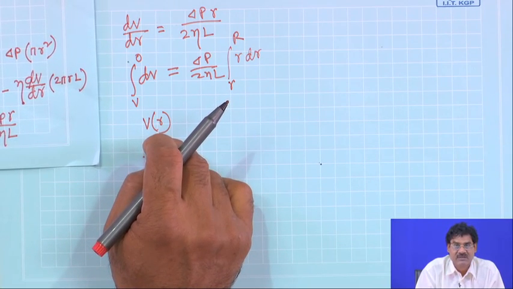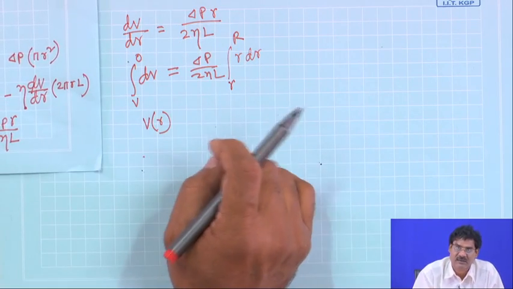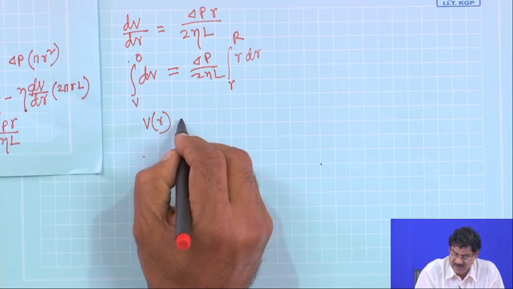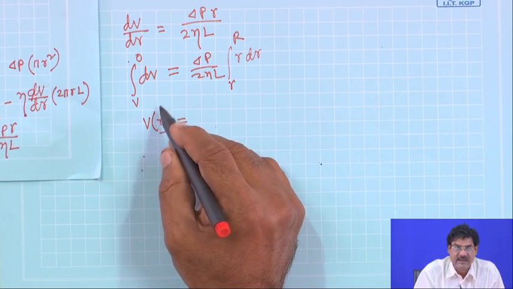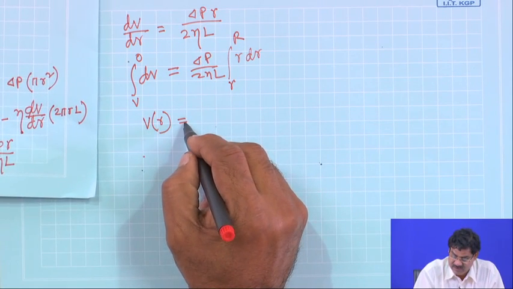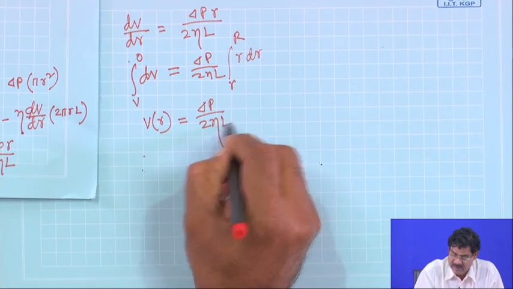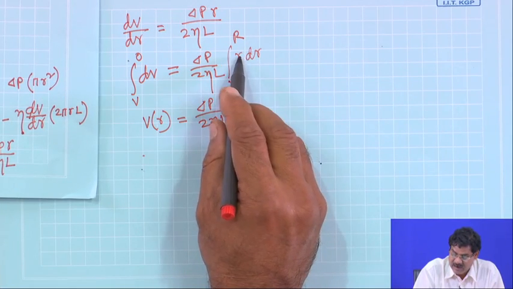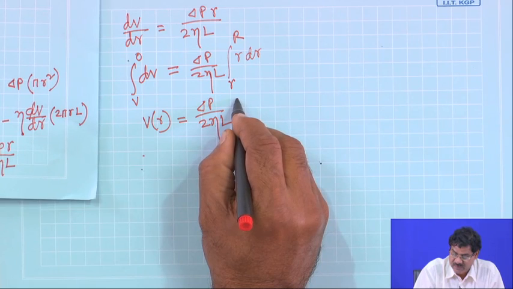The velocities are not the same. From the center, if you move towards the surface, r will increase and velocity will decrease. So here you will get del p by 2 eta L, where eta is the viscosity, and here you are getting r square by 2.